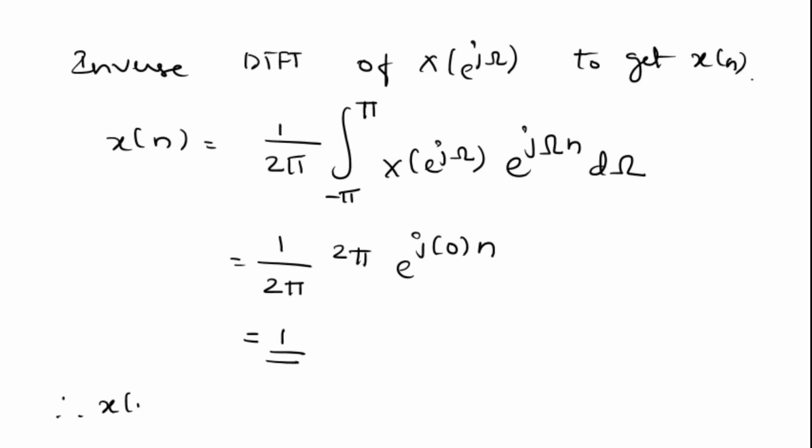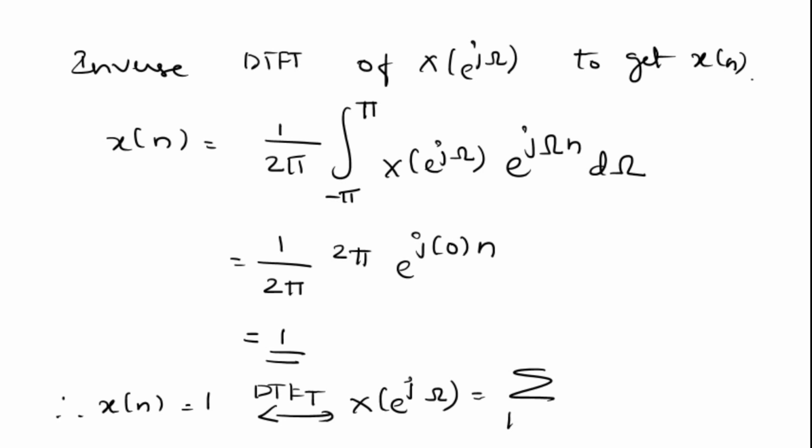Therefore, x of n is equal to 1. If I take DTFT, I'll get X of e power j omega, which is equal to summation k is equal to minus infinity to infinity 2 pi delta of omega plus 2 pi k.